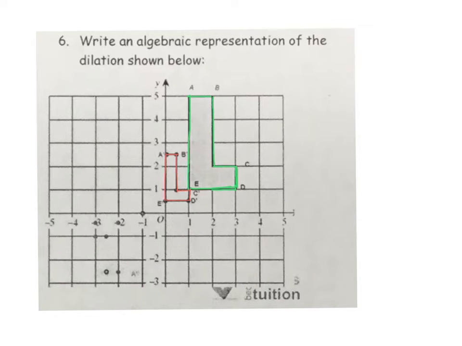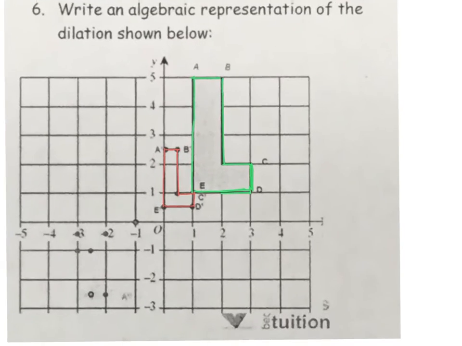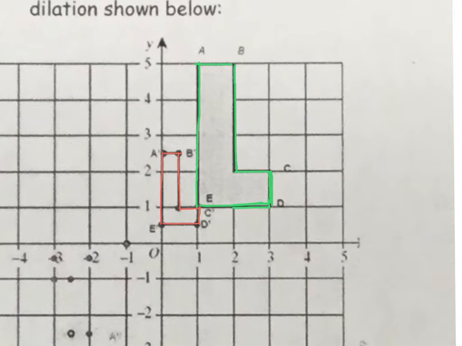Okay, number 6. So we're going to write an algebraic representation of the dilation shown below. What I kind of did is label them for you. For the smaller L, this is a measurement of 1.